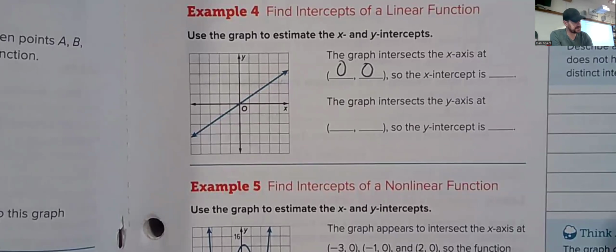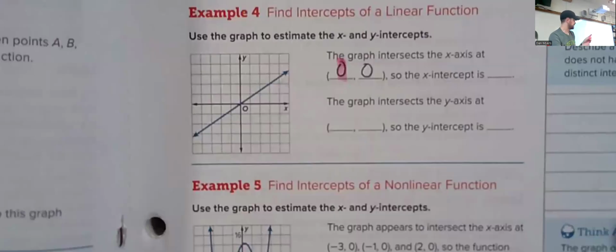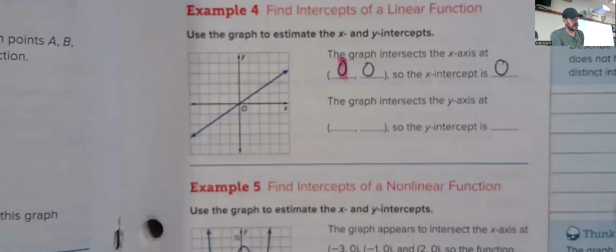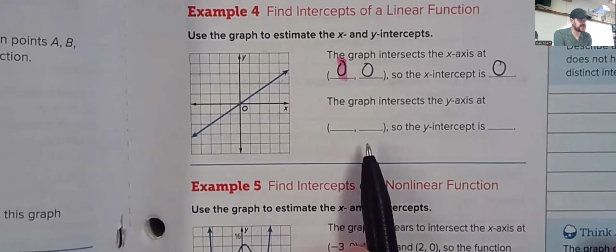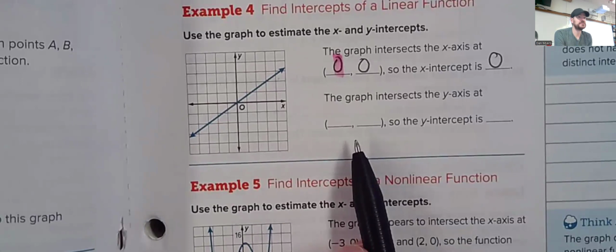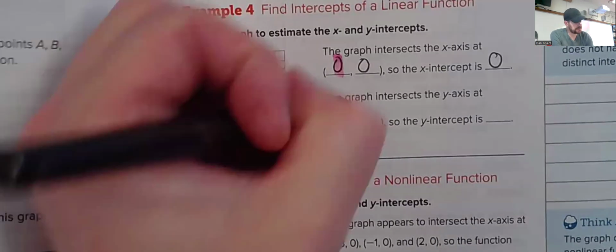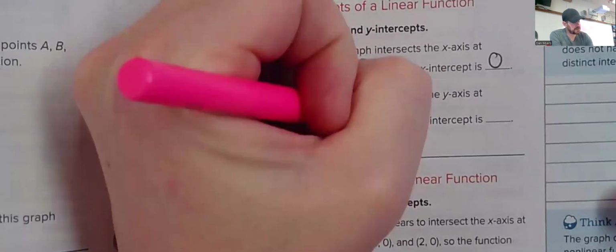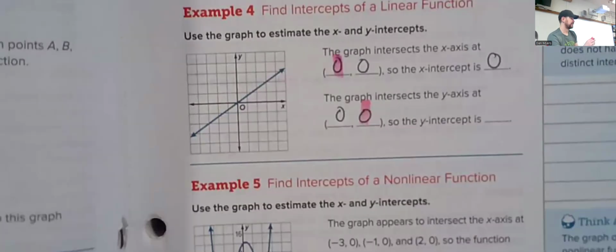So the x-intercept is 0. The graph intersects the y-axis at what point? 0, 0. Yeah, it goes right through the middle of the graph. This time, the y-intercept will be equal to the y value. They happen to be the same here, just because it goes through the origin of the graph.